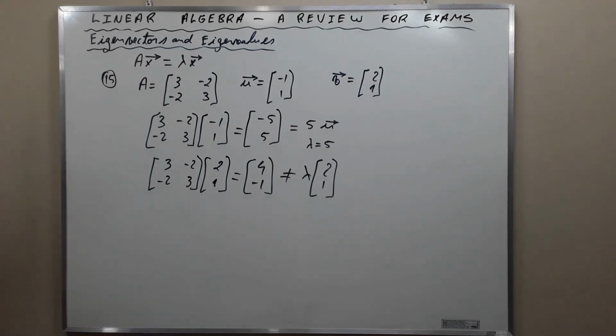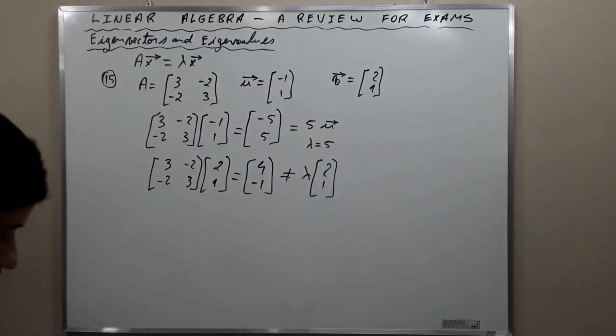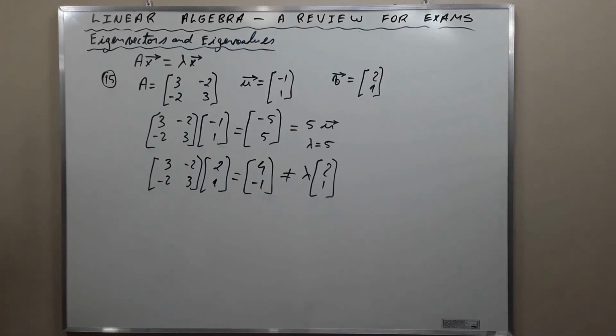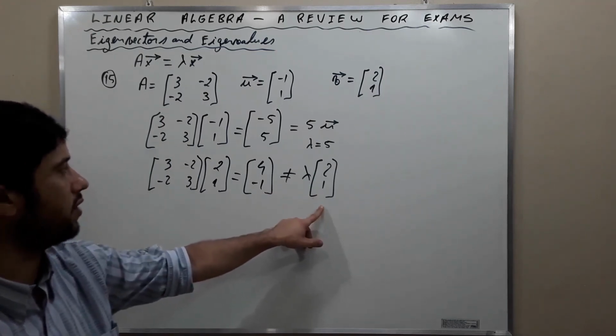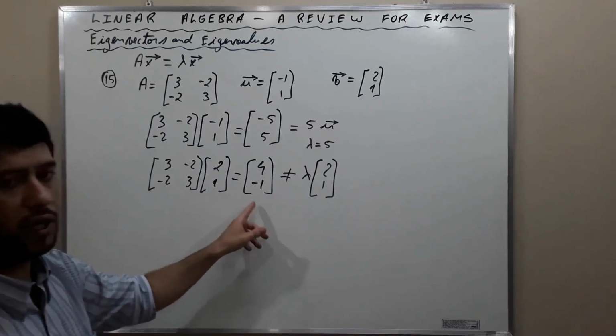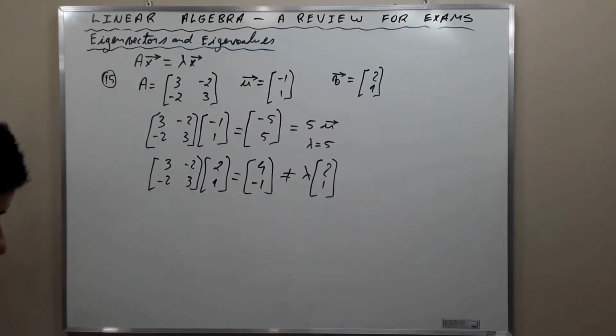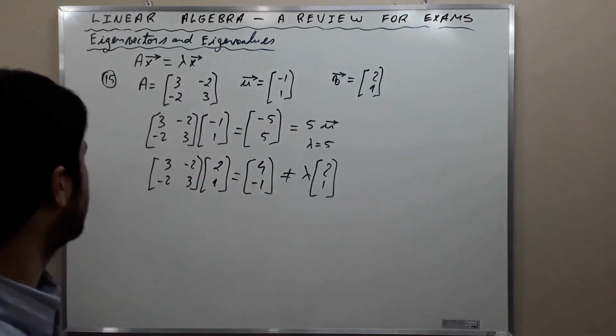And our conclusion is that U is an eigenvector of A corresponding to the eigenvalue lambda equal to 5, and V is not an eigenvector of A because there is no lambda that we can use to multiply the vector and find the outcome of the transformation. Okay, so this is what we find in exercise 15.